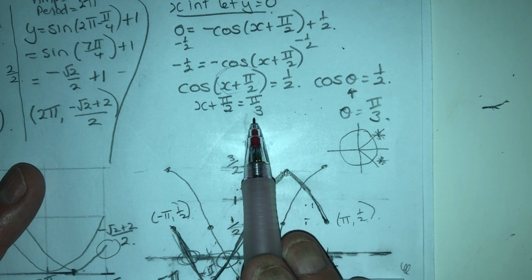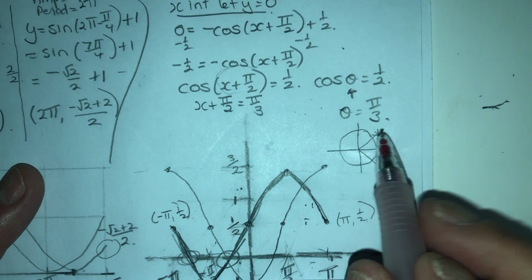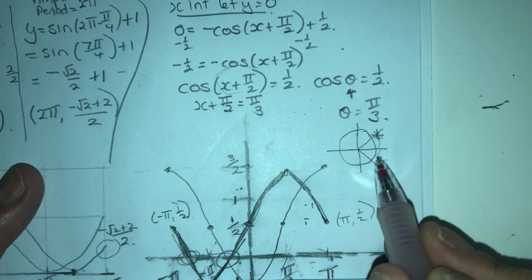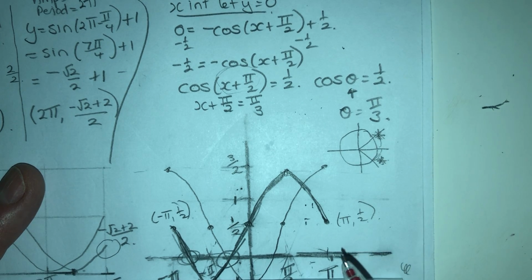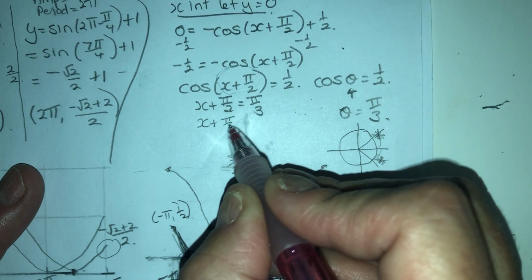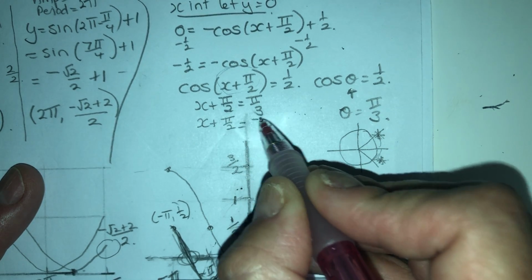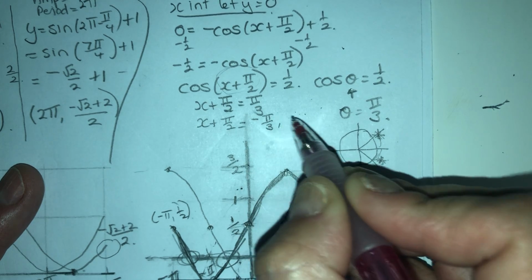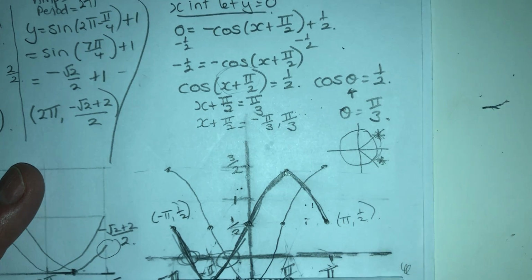All right, not just the pi on 3, which would be here, but also negative pi on 3. So we need to change this to be x plus pi on 2 can equal negative pi on 3 or pi on 3.